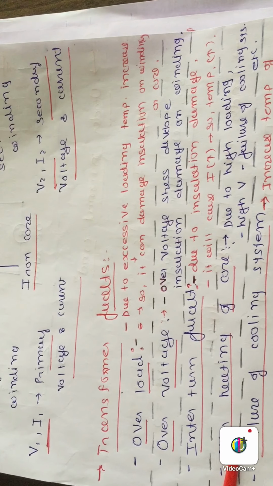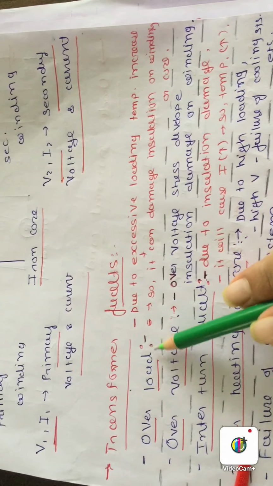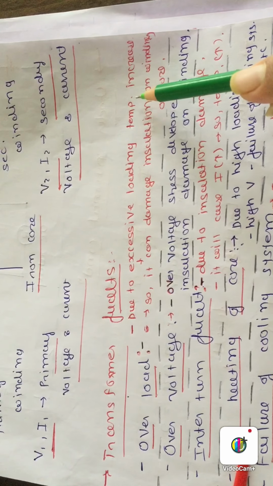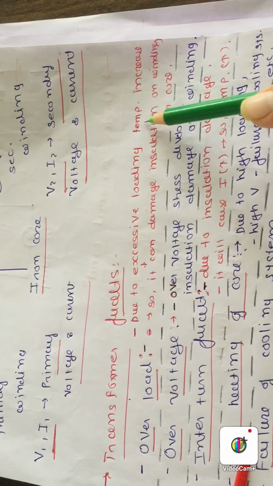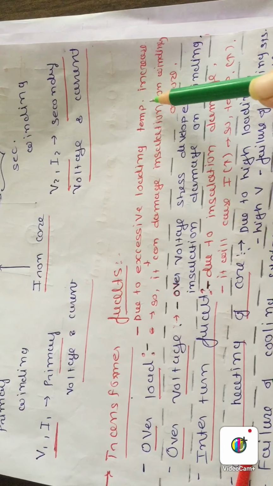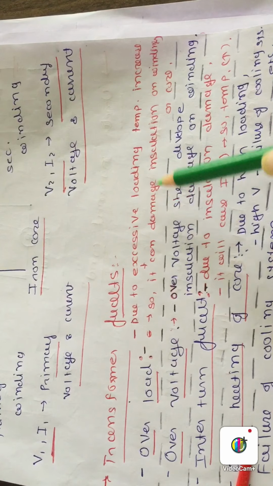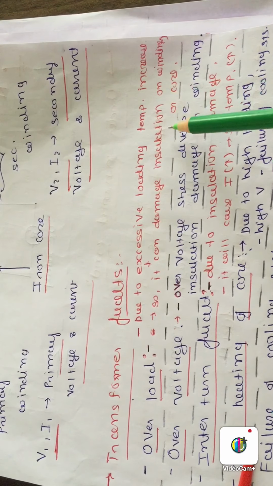So what happens due to the overloading? Due to the overloading, the temperature of transformer will increase, and due to that increment, the insulation used in winding will be damaged by high temperature.